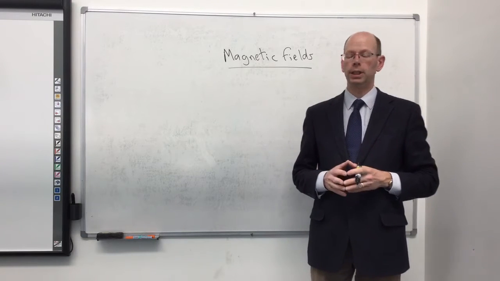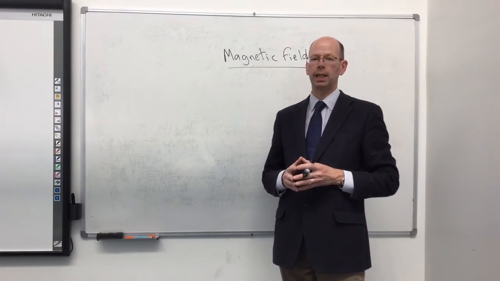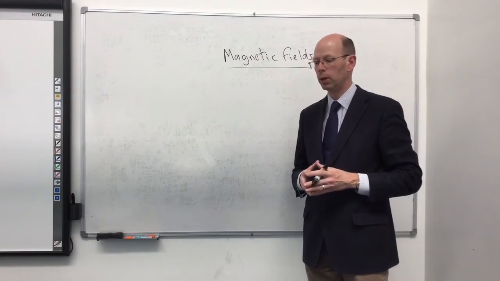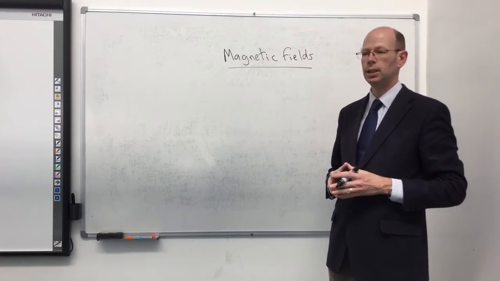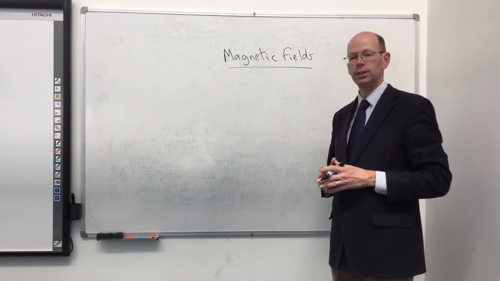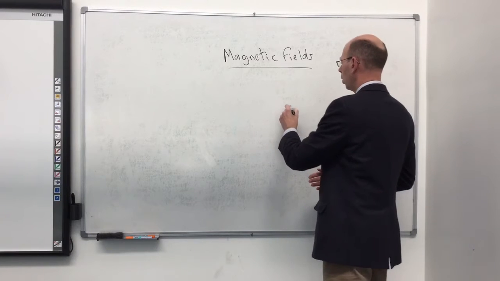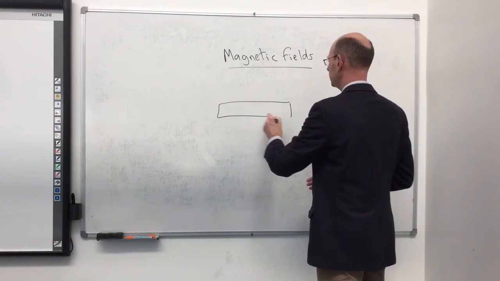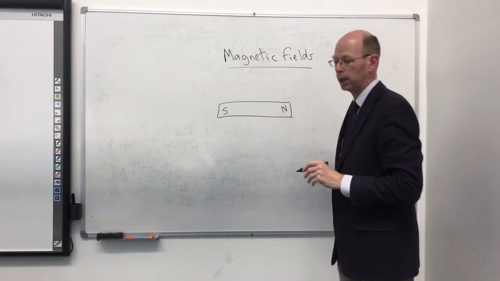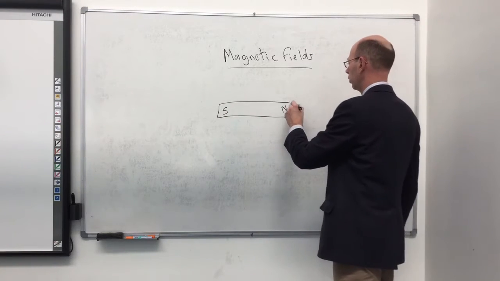Well, the answer to that question is that around a magnet there is what we call a magnetic field. And as you probably know, you can detect the pattern of the magnetic field by sprinkling iron filings on a piece of paper above a magnet, or perhaps by taking a compass and moving it slowly from a north pole of a magnet towards the south pole.